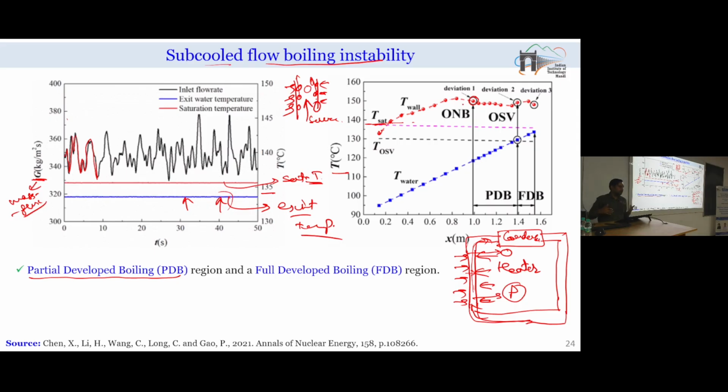So, because of the bubble nucleation, what will happen? It will take a significant amount of heat from the wall, equal to the latent heat of vaporization required for that bubble mass, and a decrease in the wall temperature results. Whenever we see a decrease in the wall temperature, this particular point is called the onset of nucleate boiling. At this point, nucleation of the bubble has started.